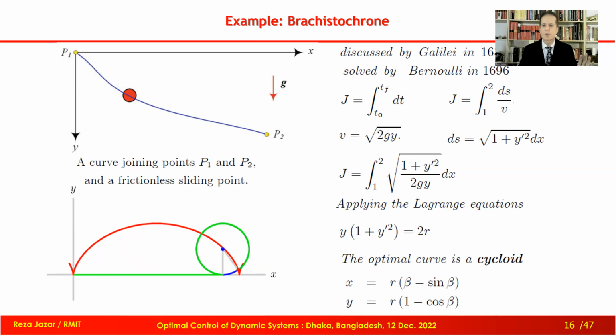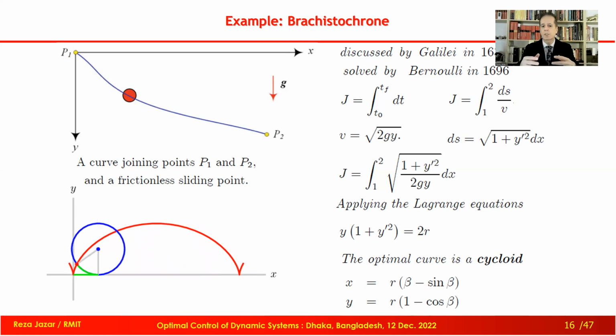Any point to any point. As long as P1 and P2 are connected by a brachistochrone, it is the minimum time. And here on the right, you see the solution. As you can see, J, which is the integral of dt, and dt is going to be substituted by ds over v. s is the path of motion, v is velocity, and because it is under gravity with no friction, velocity is always the square root of 2gy, and ds, as you remember from calculus, is the square root of 1 plus y prime squared dx.